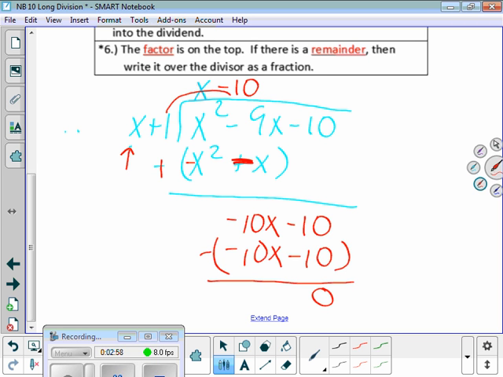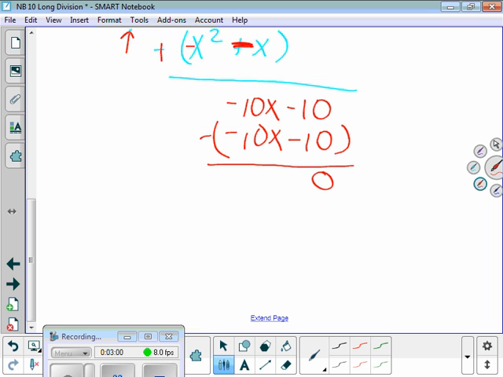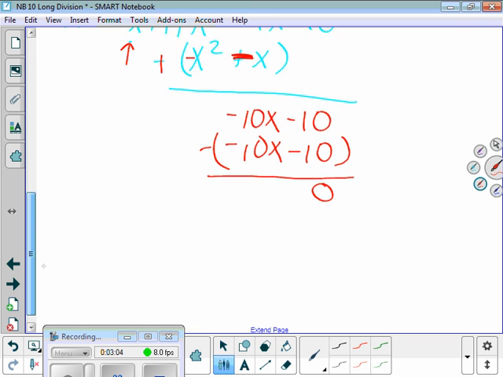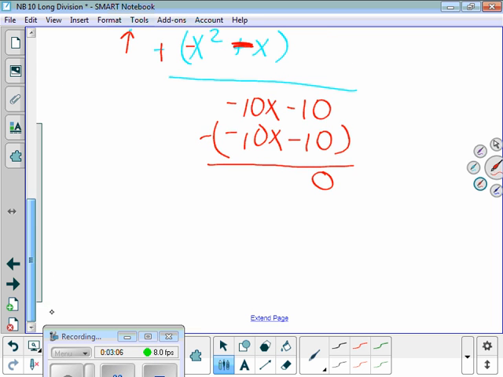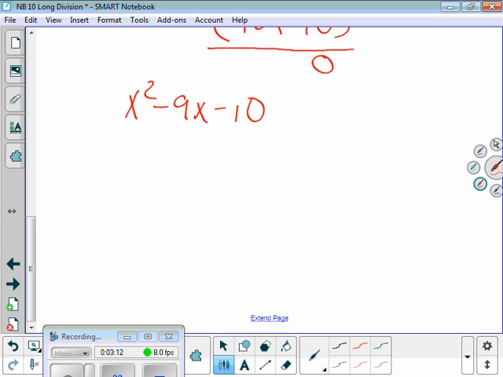I would actually like for us to try something else, because I'm curious if we can connect why we didn't get a remainder. So let's take our x squared minus 9x minus 10, and let's draw it. If we drew our tiles, do you agree we'd have an x squared? And then I've got that negative 10 that I'd draw next.